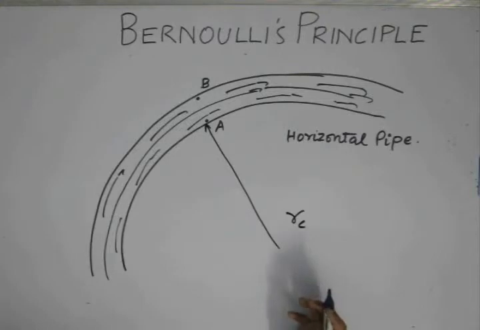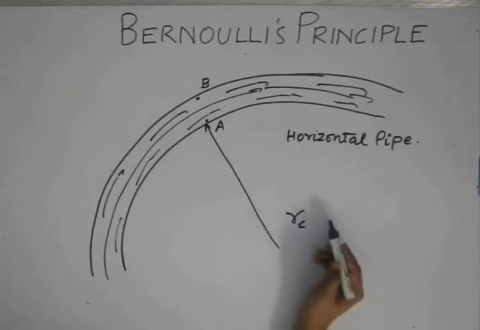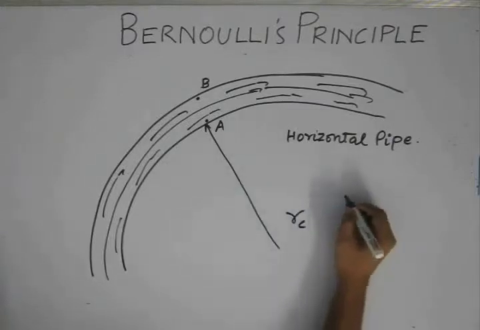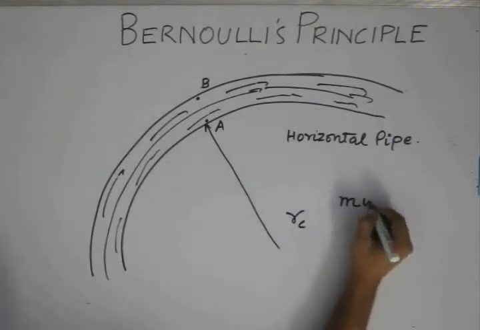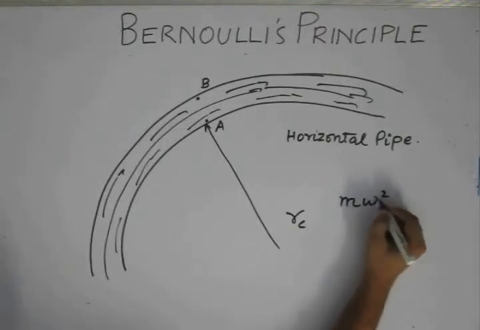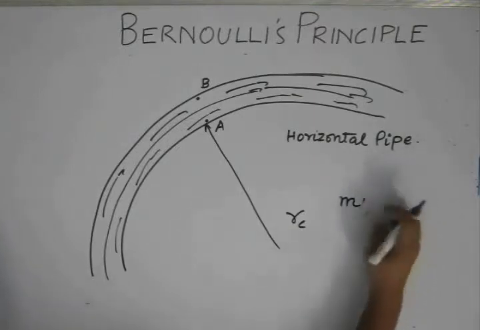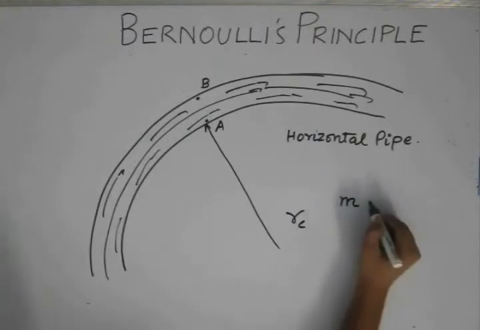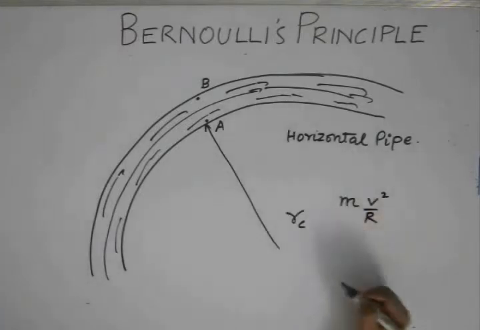If some object travels along a circle or a bend of radius of curvature R, we have the centripetal force on it as m omega square r, or let's say if it travels with a linear velocity of v, we have m v square by r. This is the centripetal force.